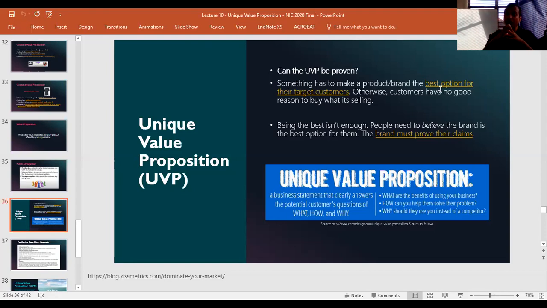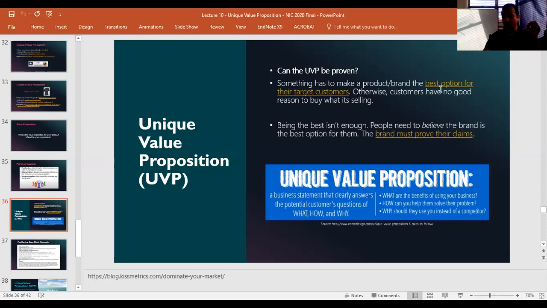You must have proper backing for the claim. The unique value proposition tries to give an answer to all three customer questions of what, how, and why. Why the customer will buy, how they will buy, and what they will buy. So it tries to give the answer of all these together.